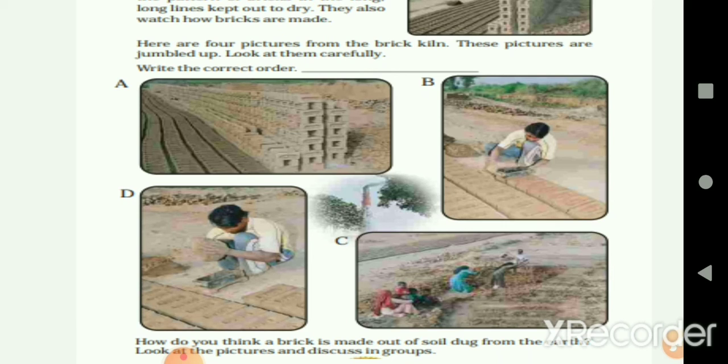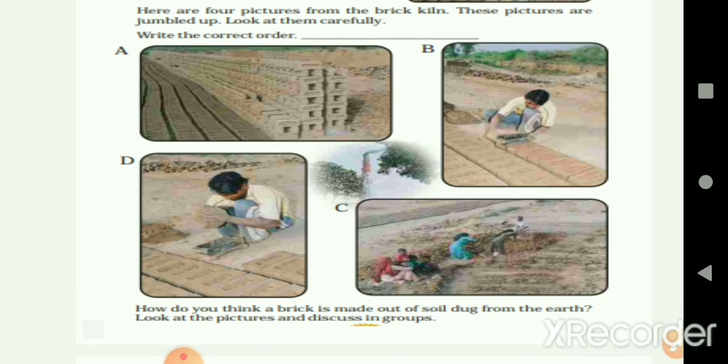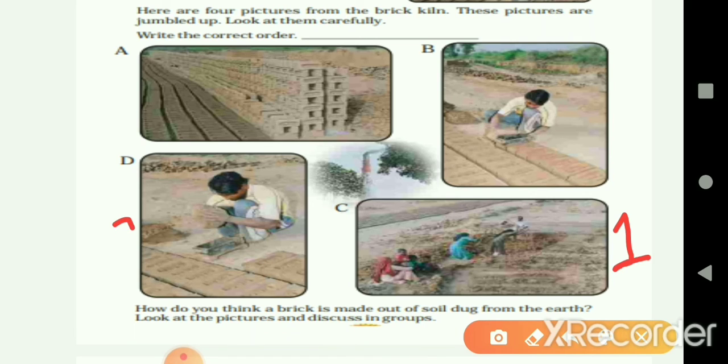See, first of all, if they want to make bricks, then they need soil dug from the earth. So the picture of soil being dug is given here in picture C. Then the second picture is this one, then the third picture this one, then they arrange the bricks in a line in the fourth one.